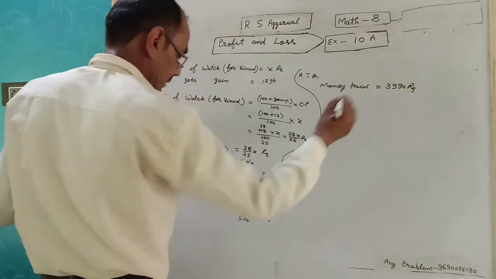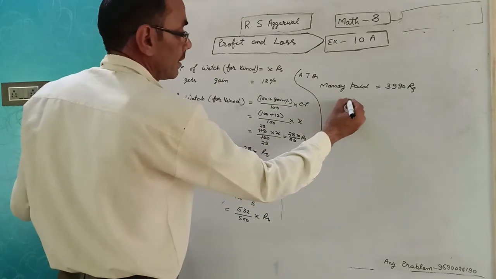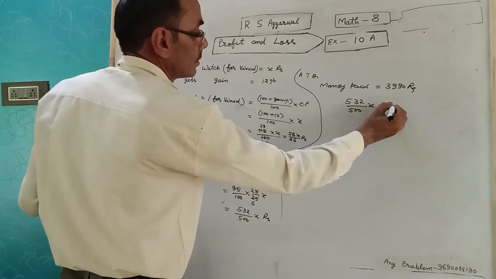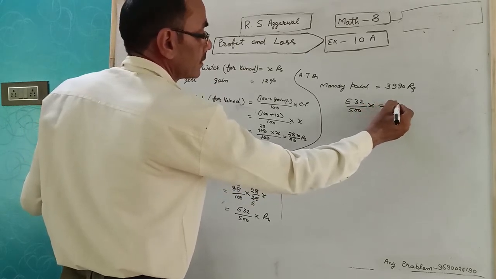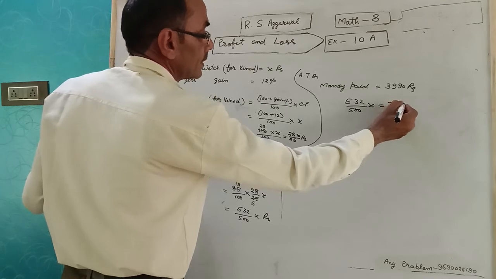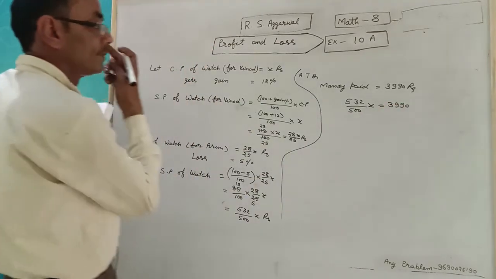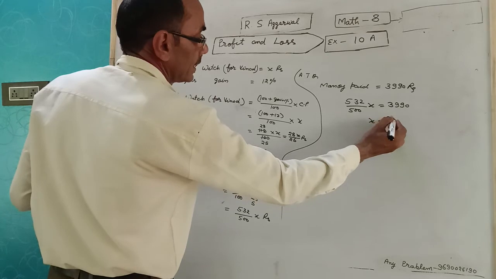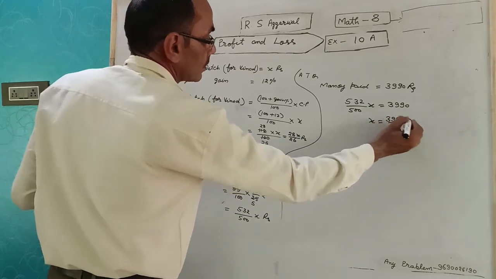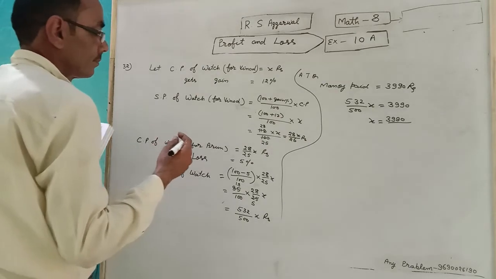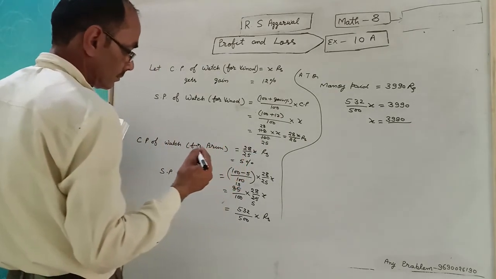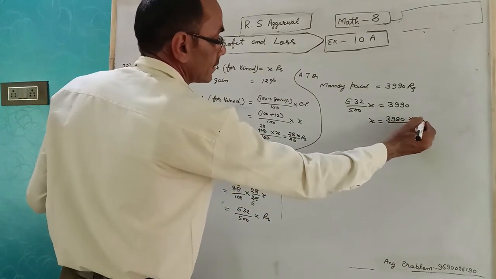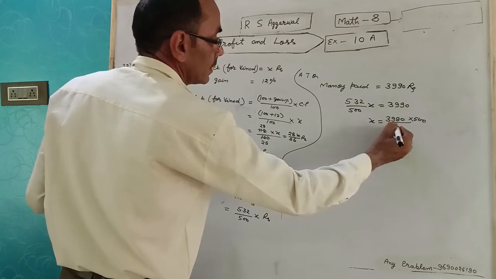So X is equal to 3,990 into 500 upon 532.